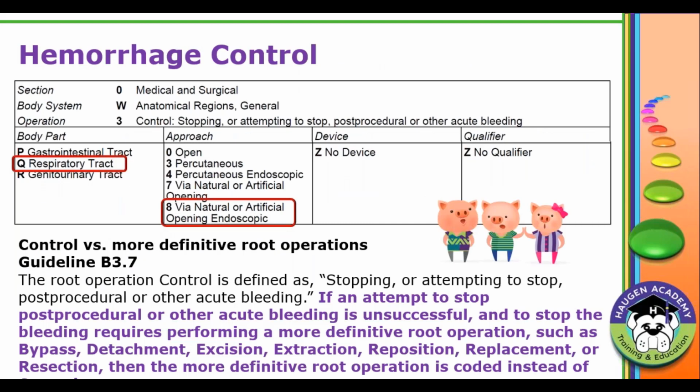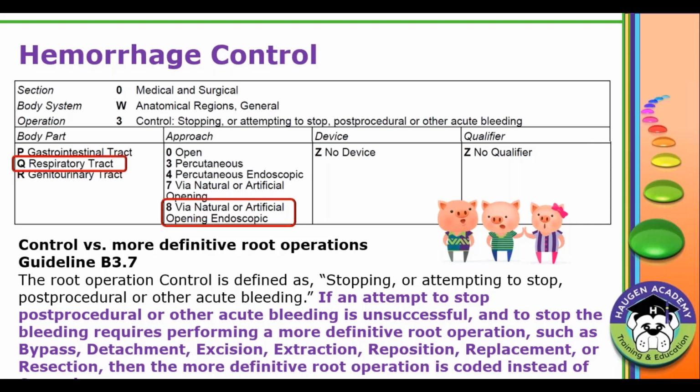A note about hemorrhage control, and this one kind of drives me crazy. I don't know if anybody else shares my disdain for the root operation control, because I find the guideline to be really convoluted.